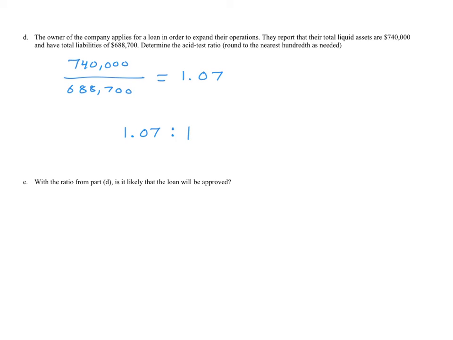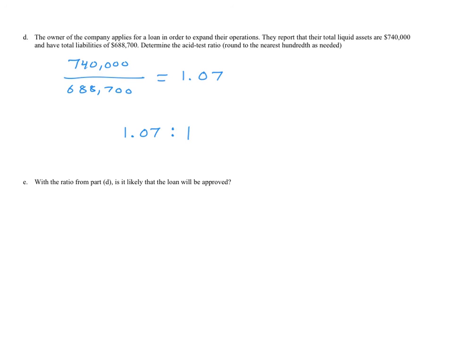The idea is the greater than 1 this number is, the better off you are. It's basically saying that when you compare your assets to your liabilities, the numerator is bigger than the denominator. So the bigger this number, the further this is away from this value.